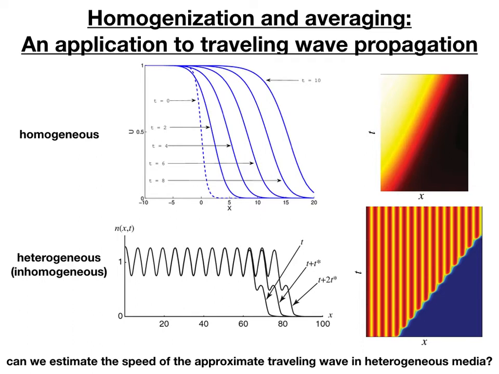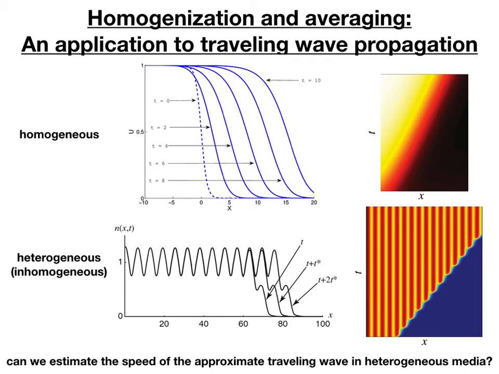And the image on the top right is just a spatiotemporal plot where the warmer colors show the invasion of the front from left to right. If we add some heterogeneity to a system like this, for instance, making the diffusion coefficient in, say, a reaction diffusion model periodically inhomogeneous, what you see, first of all, is that the trailing edge now has these periodic ripples on it.